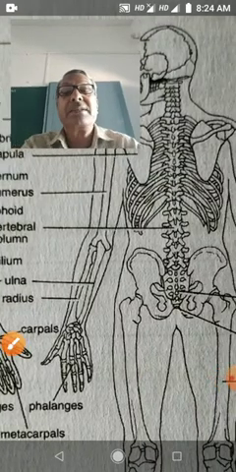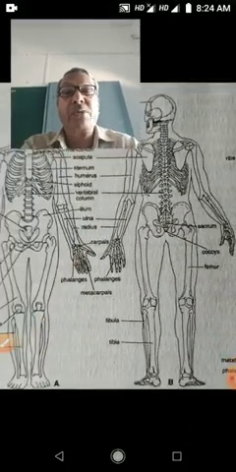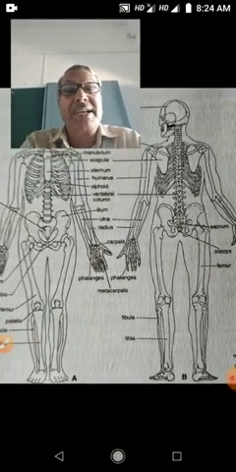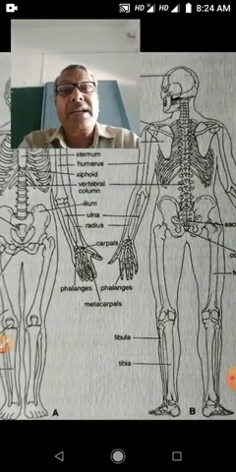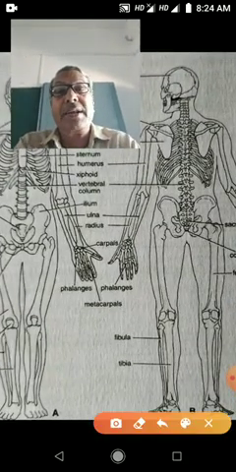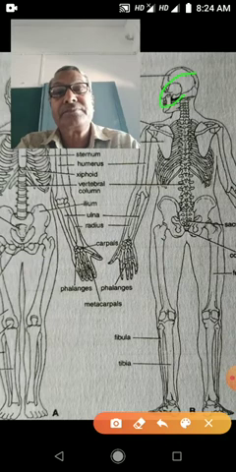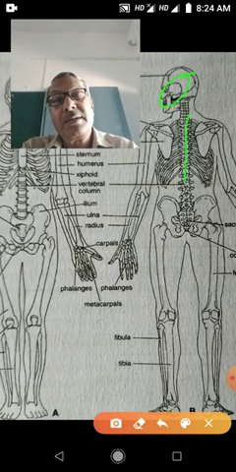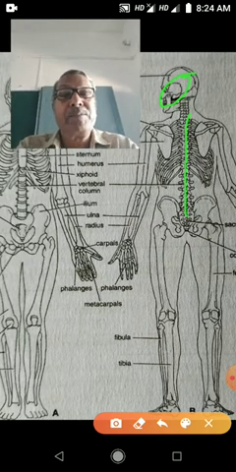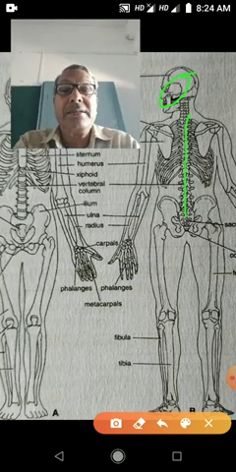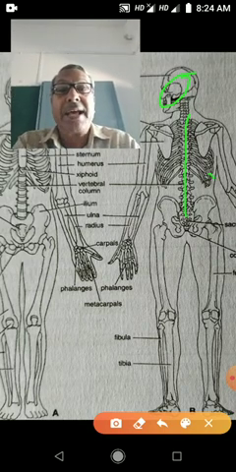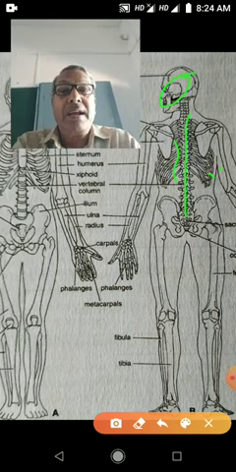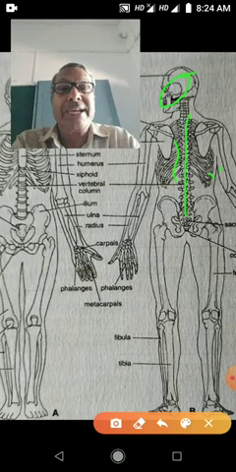If you see the back view of the human skeleton, then this portion is called the skull, and this is the vertebrae. There are ribs. There are two girdles I told you about.